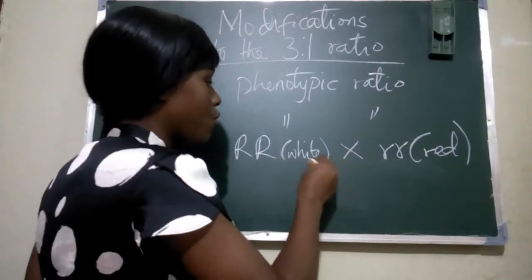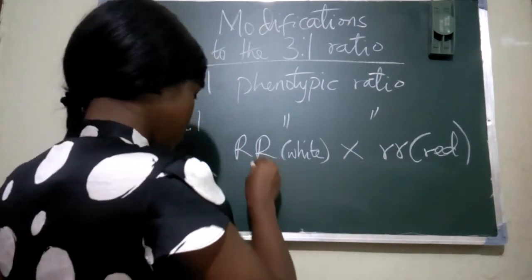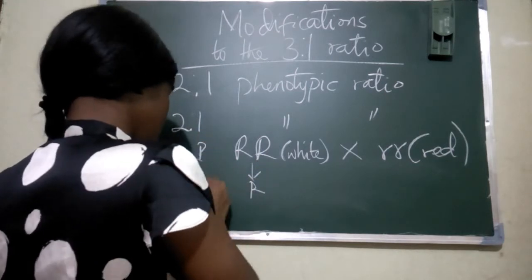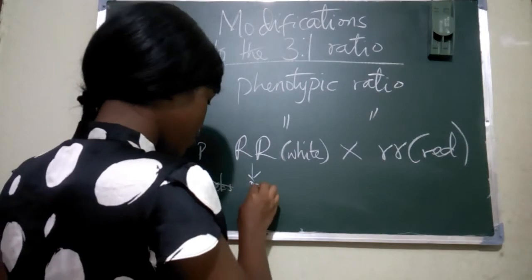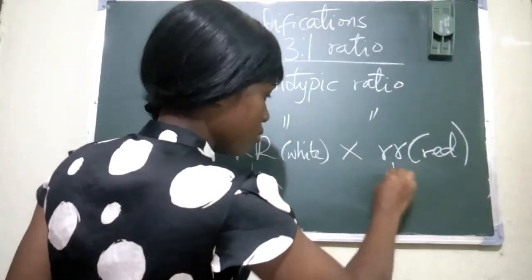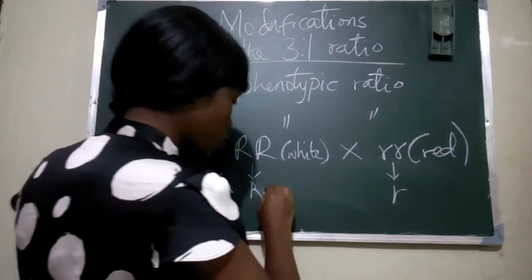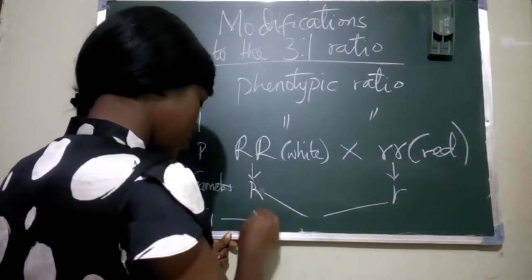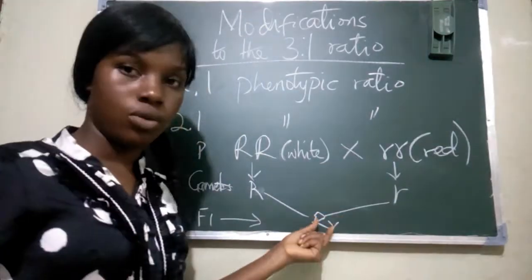So when you cross these two individuals, these are the parents, these are the gametes they'll produce, which will join to give us F1 individuals that will all have this genotype.